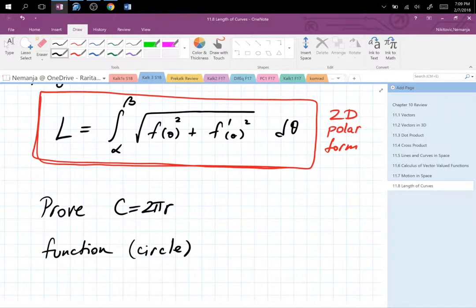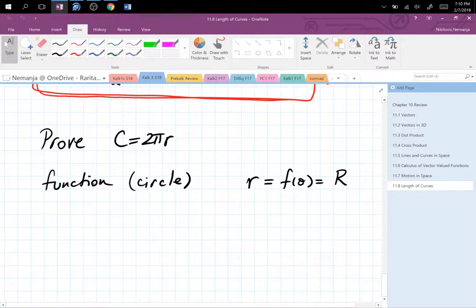Yeah, it does, but it doesn't fail the vertical line test in polar coordinates, right? In polar coordinates, r equals f of theta equals 2 is a circle of radius 2, right? So yeah, our function is just r equals capital R. So we are actually looking to get 2 pi capital R as the answer. If you don't want to do it in general terms, the honor is better, you can just replace capital R with 5 and come up with 10 pi at the end. So that's what we're doing.